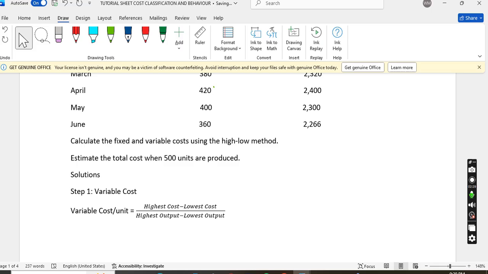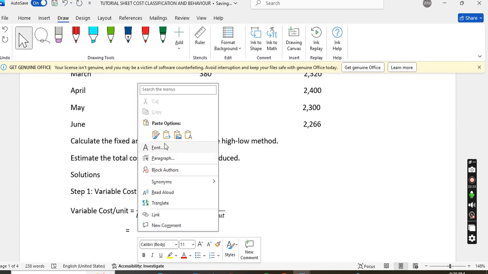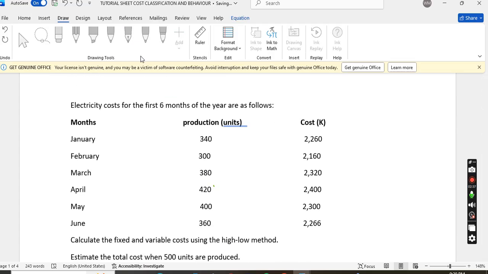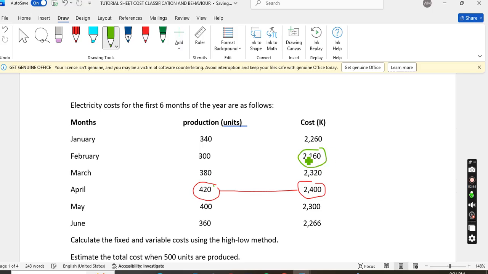So we go to our table and we determine these values. Our highest cost is 2,400, and it's associated with the highest output, 420 units. Our lowest cost, 2,160, is with our lowest output, 300 units.